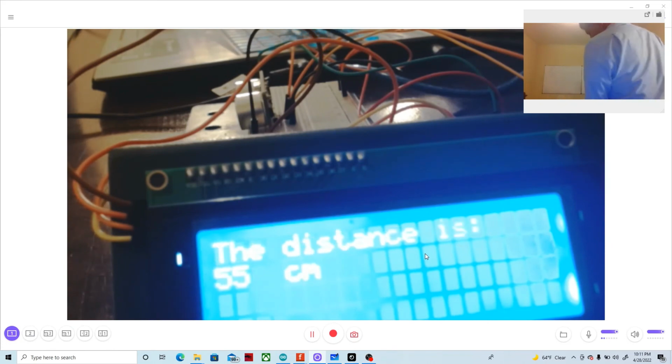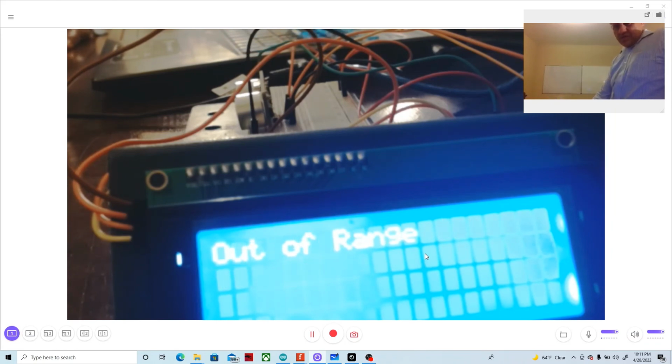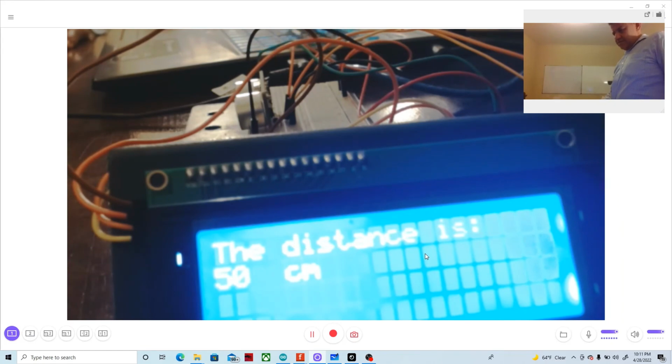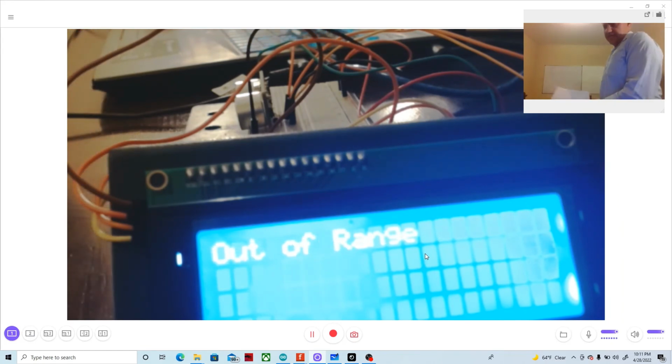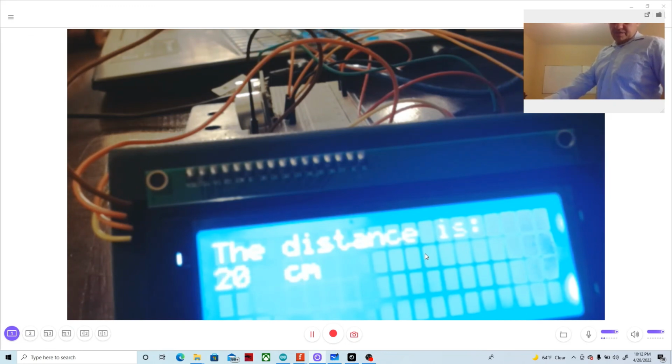You see that 100 right there? Out of range. We're coming closer. Well, the thing is, this is the direction, so it's right there. That's 20 centimeters. I'm getting far away, out of range, right?